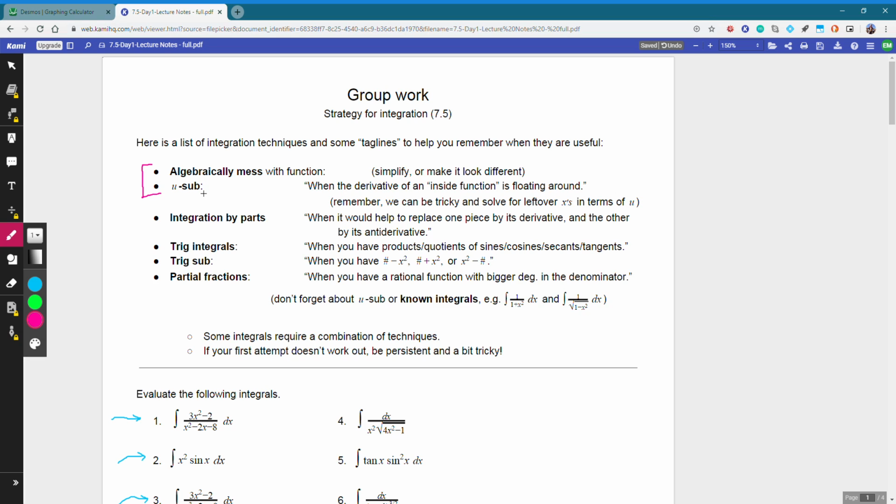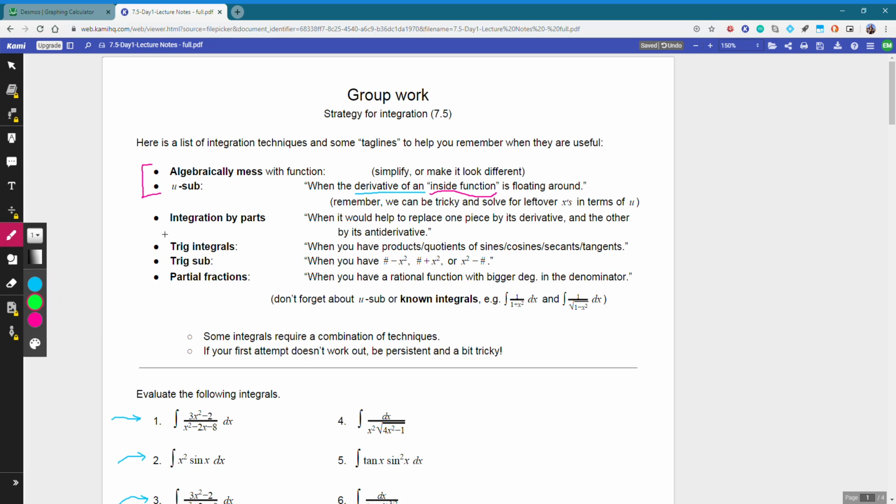And thinking about the chain rule, the idea is u sub is probably going to be helpful if we have an inside function somewhere, and also the derivative of that inside function is more or less floating around. It could be off by a constant multiple or something like that. But those are the two basic things to look for.